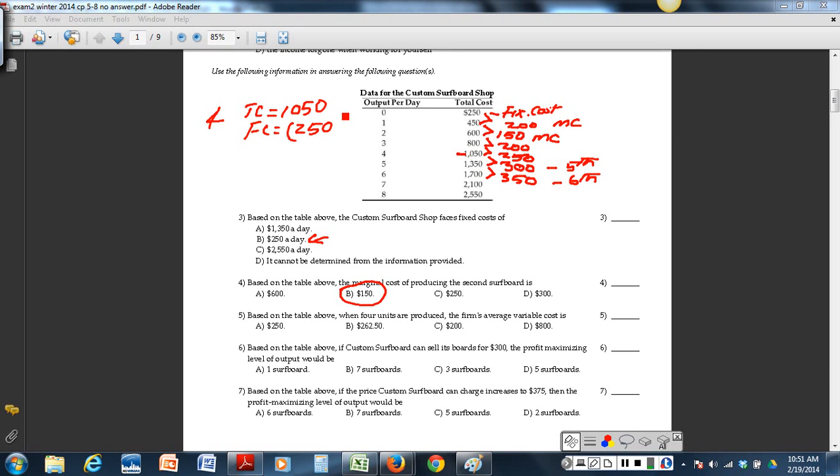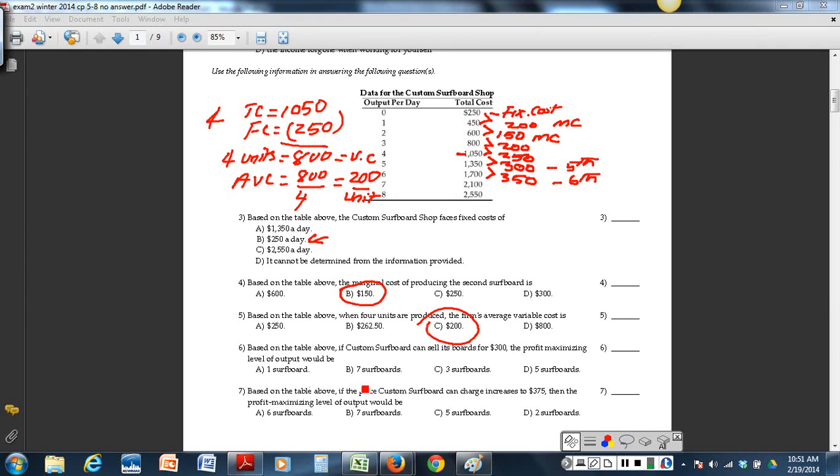So I subtract that out. I get a total of $800 for 4 units. This is the variable cost. So what is my average variable cost? That would be 800 divided by 4. That would be $200 per unit. So it should be C.